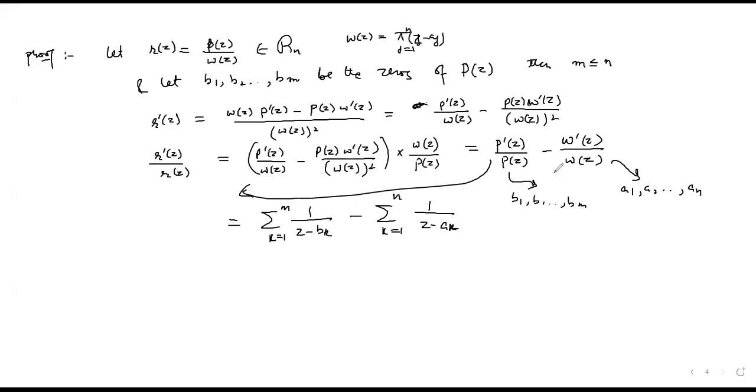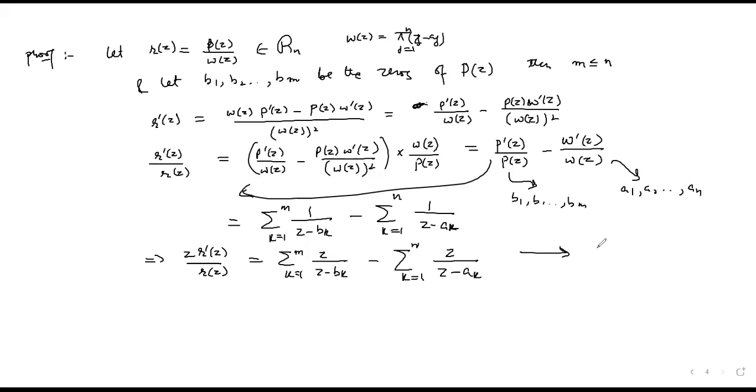Now that's just the standard way of writing it. So which implies that z r'(z) by r(z), this will be our main expression which we will exploit, is summation k runs from 1 to m of z by z minus bk minus summation k runs from 1 to n of z by z minus ak. Okay, let's call this star.